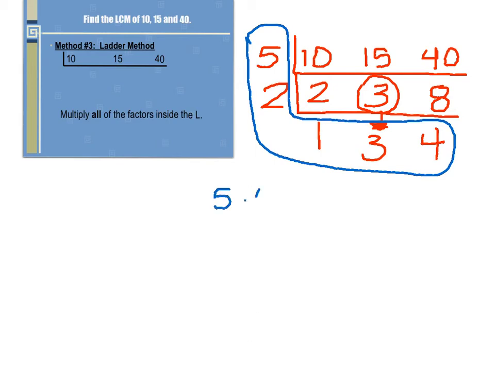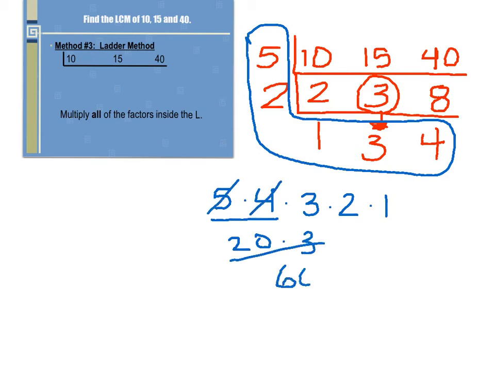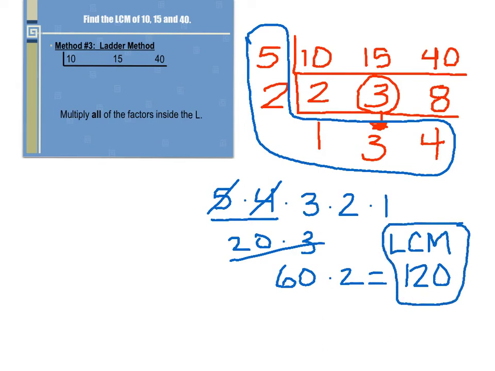So 5 times 4 times 3 times 2 times 1 would be my problem. 5 times 4 is 20, times 3 is 60. Double that, I get 120. So the LCM of 10, 15, and 40 would be 120.